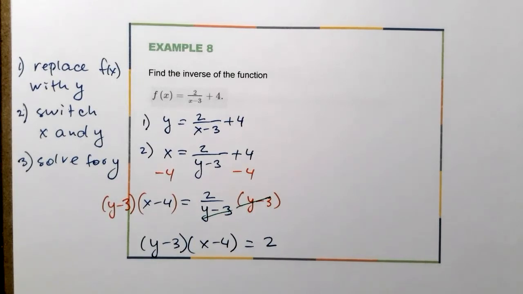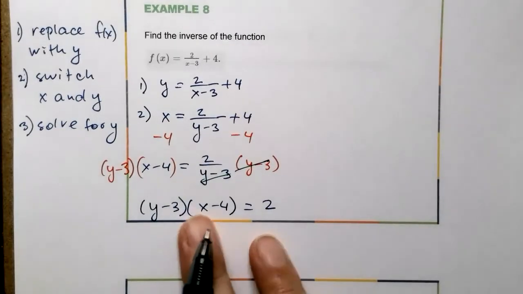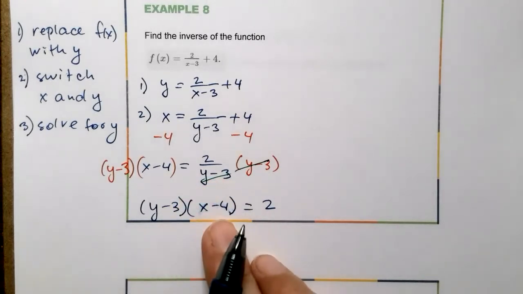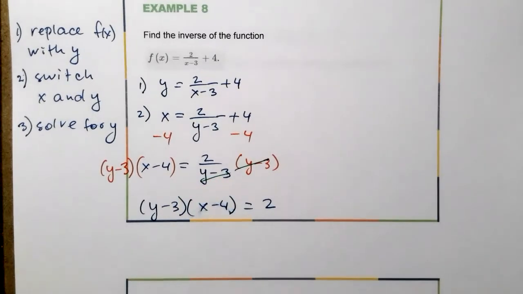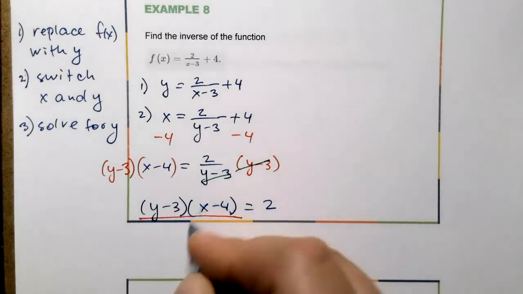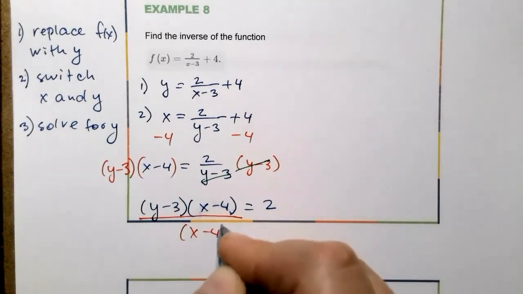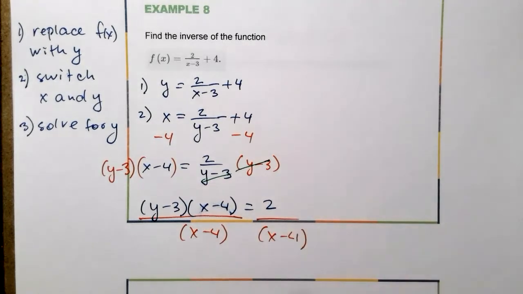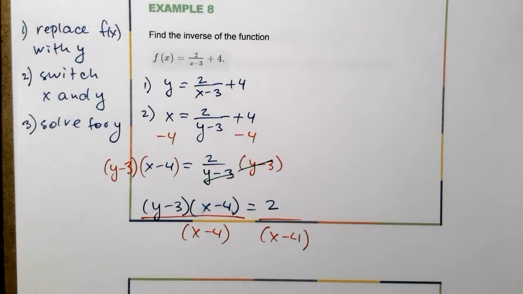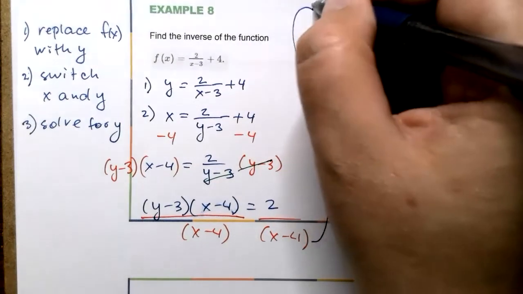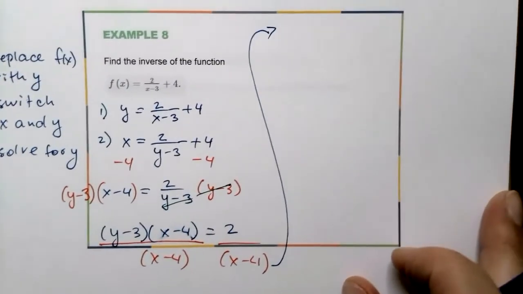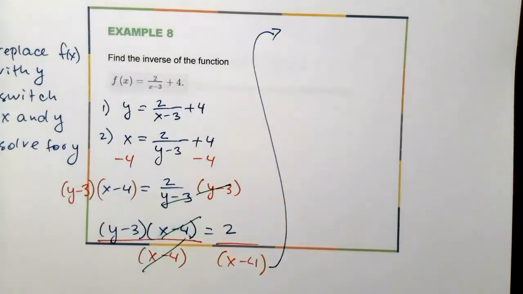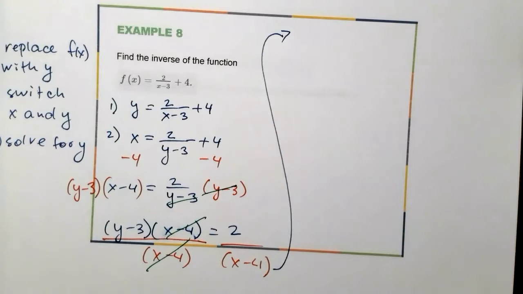Okay, solving for y, I don't need this factor with x there. I need to divide it out. So I'm going to divide out x minus 4. So x minus 4 is gone.